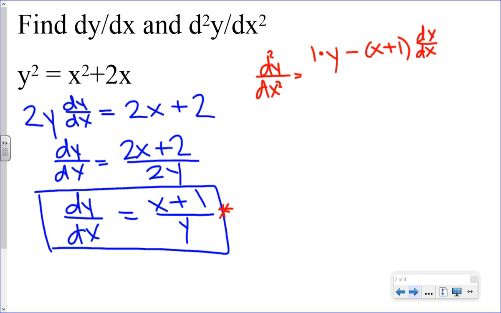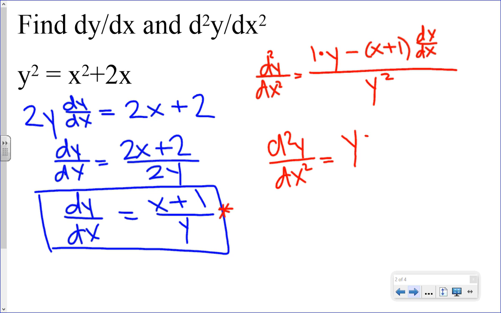Well, the derivative of y is dy/dx, all over the denominator squared. So all I've done here is the quotient rule. However, we have to remember that we're still using implicit differentiation. So when we take the derivative of y, we have to write dy/dx. Okay? Now, we know what dy/dx is.